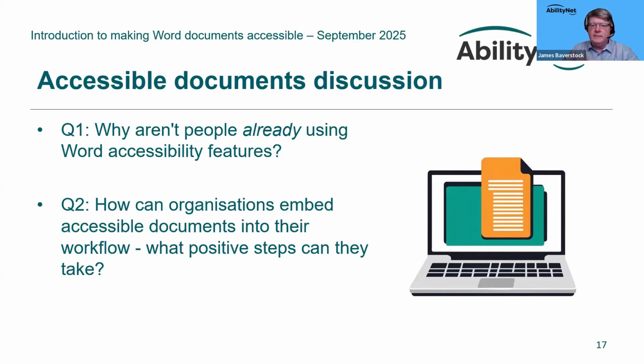Generally, though, I think there are still a lot of people who are just completely unaware that the features exist. Or possibly don't view using them as a priority if they do know about them. I think also potentially something that affects this is that Word accessibility is largely viewed as internal to an organization.